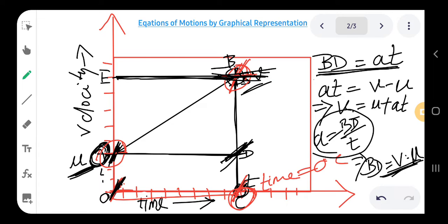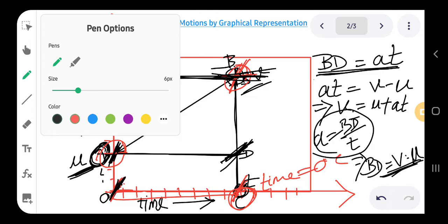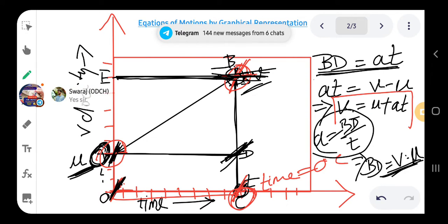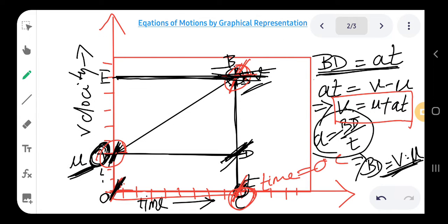Yes. This is what we derived, our first equation, V equals U plus AT, from this diagram. Hence proved.